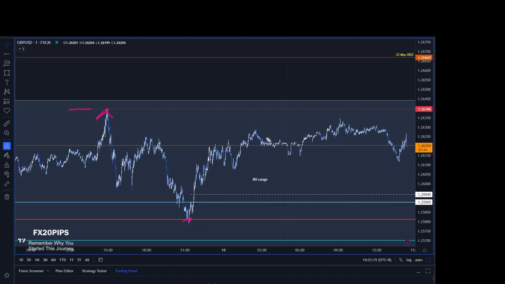Now at this stage, when you see that it broke here and keeps going down, you might have the tendency, depending on your psychology, to close the trade. I can't tell you when to close the trade.